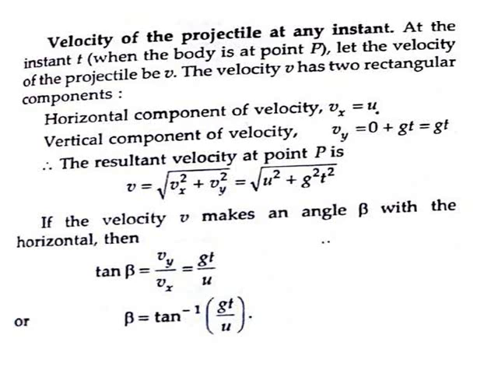So by using the parallelogram law of vector addition, you get v equals the square root of u square plus g square t square. And if you have to find the angle beta with the horizontal, then tangent beta equals perpendicular upon base. So you get Vy upon Vx, which equals gt by u. So from here you can find the direction.